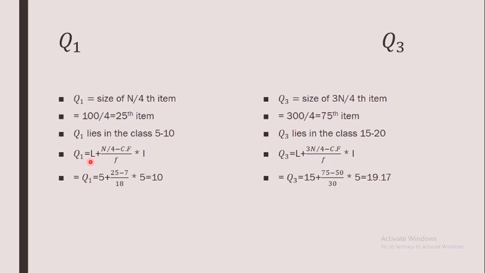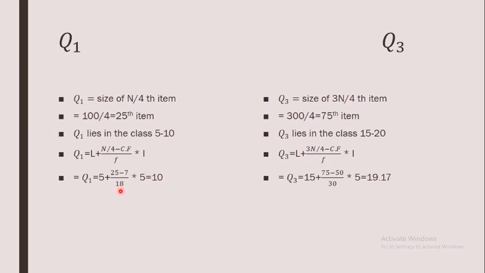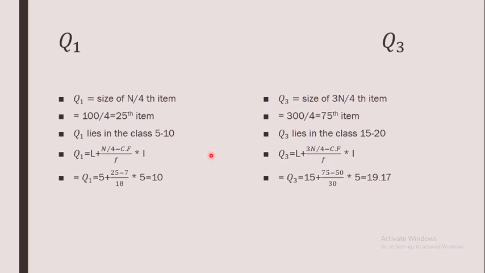No. The formula is Q1 equals L plus (n by 4 minus cumulative frequency) divided by frequency, into I. The cumulative frequency is that of the preceding class. The lower limit is 5, n by 4 is 25, minus the preceding cumulative frequency of 7, divided by the frequency of that class, 18, into 5, which gives 10.